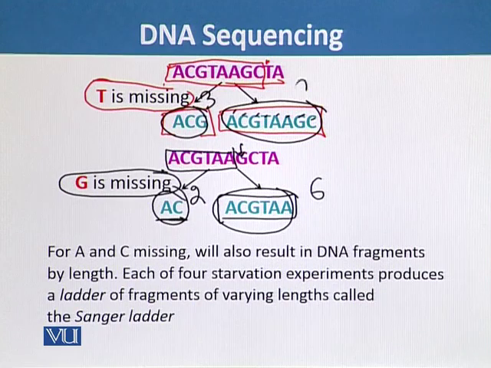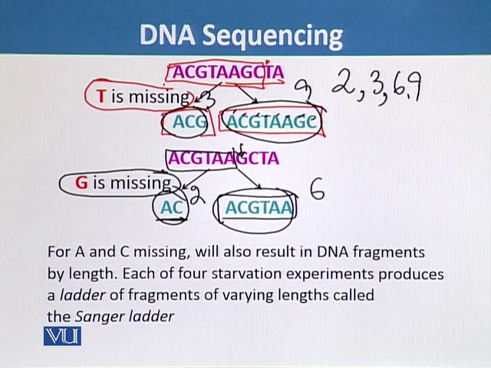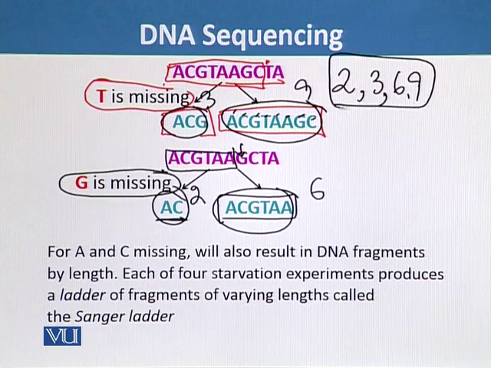So we have 6, 9. Just by limiting 2 nucleotides, we have fragments of different sizes: 2, 3, 6 and 9. If we limit the other 2 nucleotides, adenine and cytosine, then again we will find other fragments.